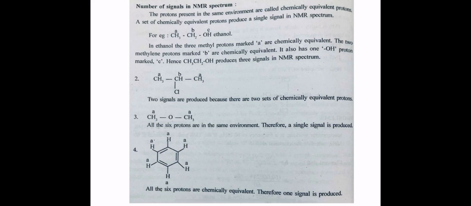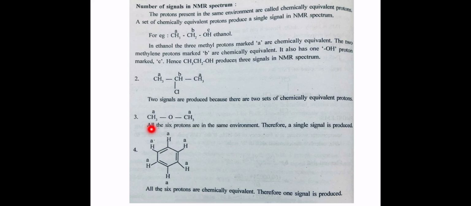Next, if we take the example of this, here this is a methyl group and this is a methyl group. These two have the same chemical environment, that is why they are named as A. But the proton present here has a different chemical environment, so it is marked as B. For this compound we are going to get two signals.